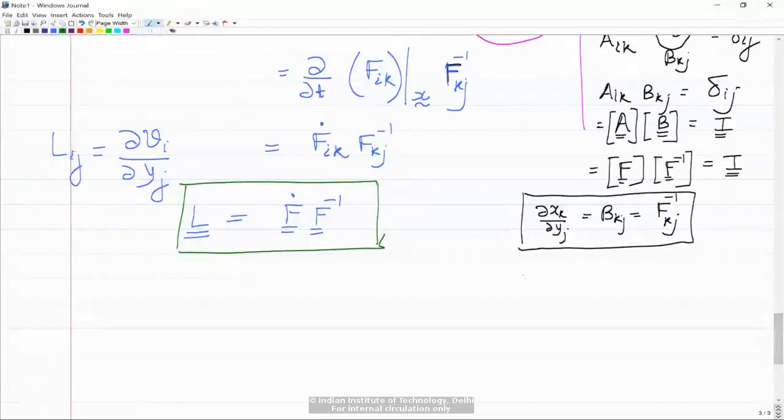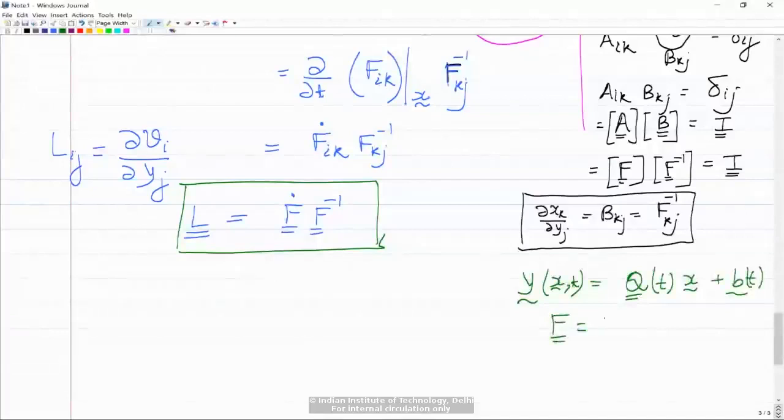So remember, for the rigid body motion, what we wrote was y of x comma t as q of t times x plus b of t basically. So what is big F here? Which is basically del y over del x. So isn't that equal to q? So big F is q of t for rigid body motion.